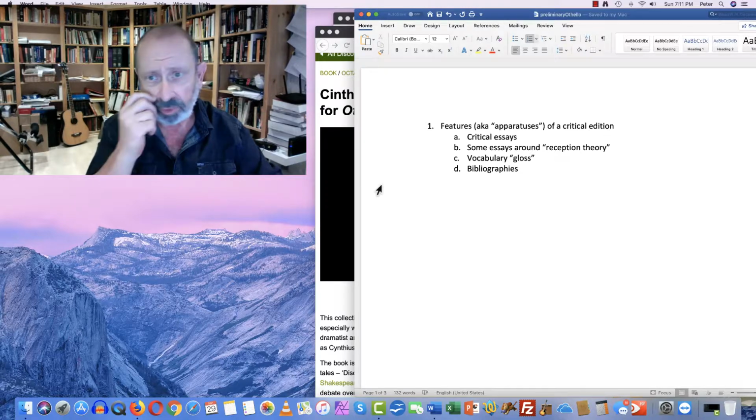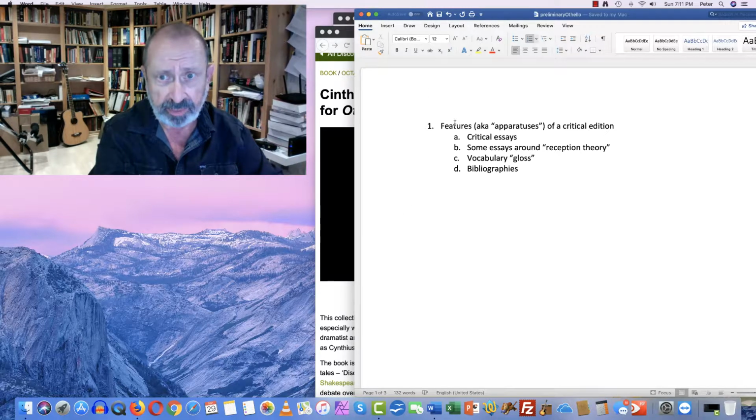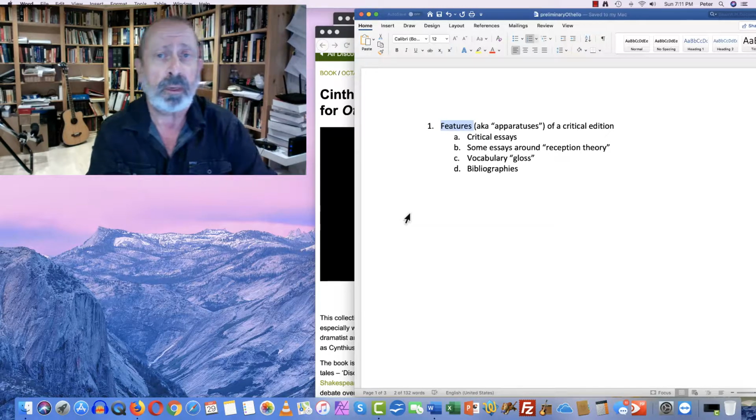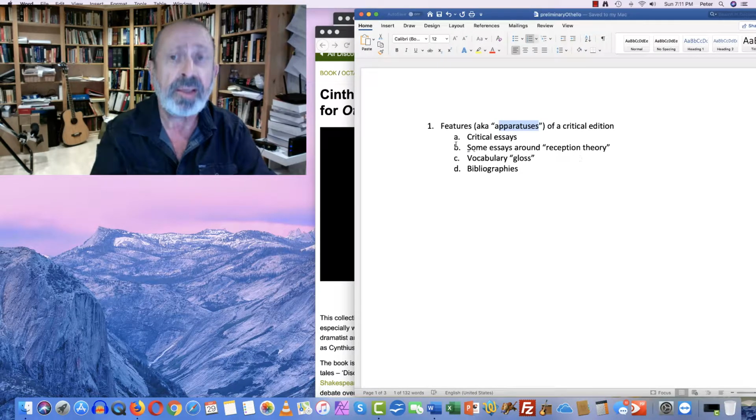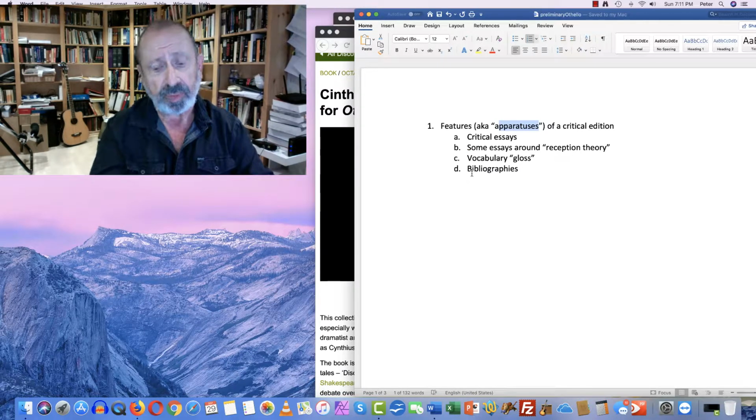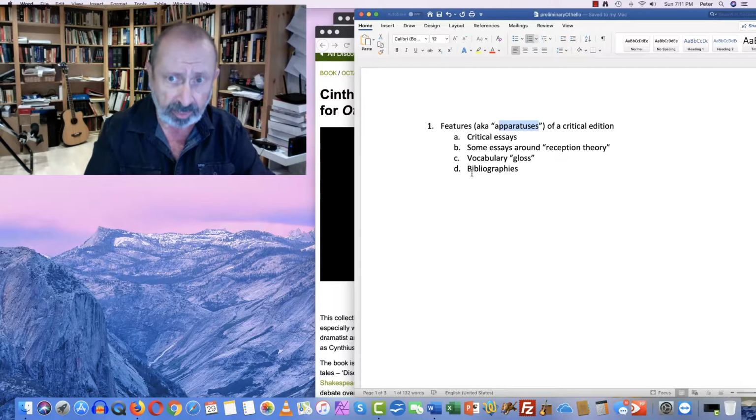So the first thing I want you to know, or to look at, is the features that are provided in the Norton Critical. And these features are called apparatuses. Basically, an apparatus is any resource that helps us understand the text more deeply or more accurately and helps us engage the text. First, you'll see at the back there's a collection of critical essays.